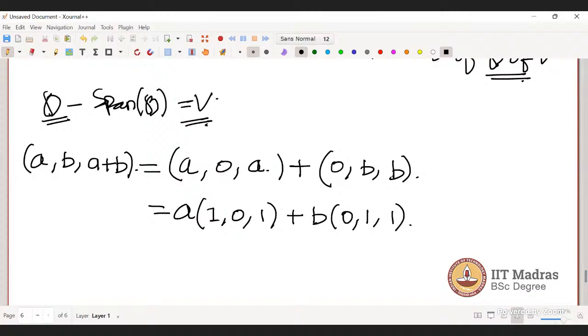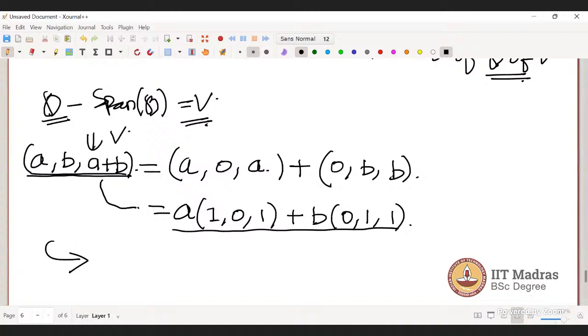So basically what I have done here is define the vectors as a linear combination of a and b as coefficients. I can write all the elements of the vector space V as a linear combination of (1, 0, 1) and (0, 1, 1).